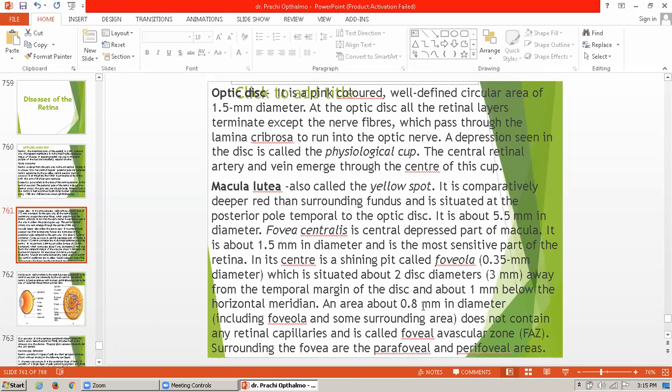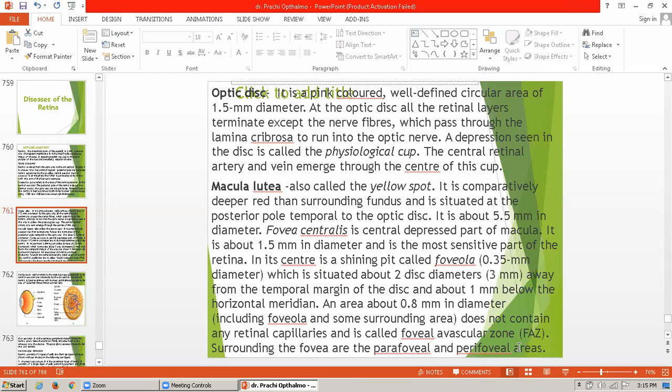An area about 0.8 mm in diameter, including the foveola and some surrounding area, does not contain any retinal capillaries and is called the foveal avascular zone, that is FAZ. Surrounding the fovea are the parafoveal and perifoveal areas. So, the macula lutea is also known as the yellow spot.